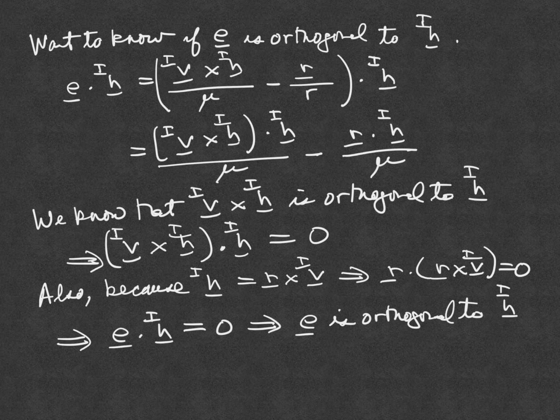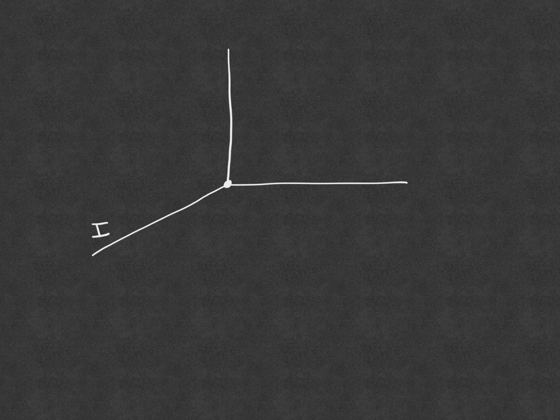And now this is really interesting because we can actually draw a picture to go with this. So here's the picture. I'm kind of going to add to the picture we had previously, which is, once again, we have our inertial frame. We've got O, which is fixed in the inertial frame.